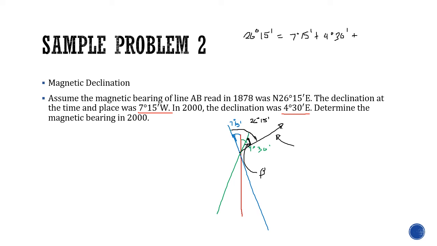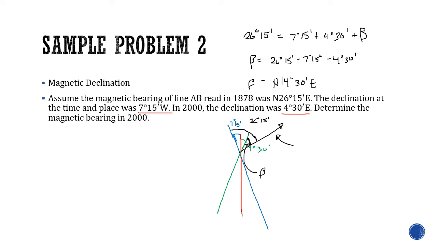So this is what we are looking for, the new bearing. Try to compute. Substitute the values. So, the bearing is equal to 26 degrees 15 minutes minus 7 degrees 15 minutes minus 4 degrees 30 minutes. The bearing is 14 degrees 30 minutes. And referring to the figure, you will see that the line is still in the northeast quadrant.